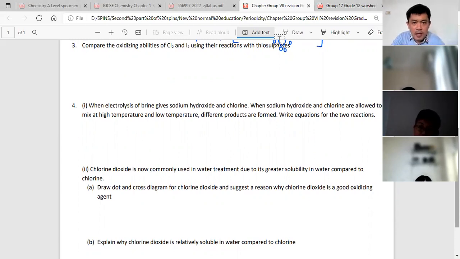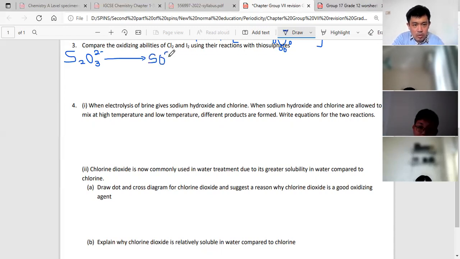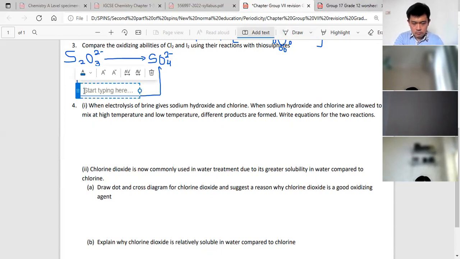Thiosulfate has the formula S2O3 2-. This one will oxidize and become SO4 2-. This is called oxidation.